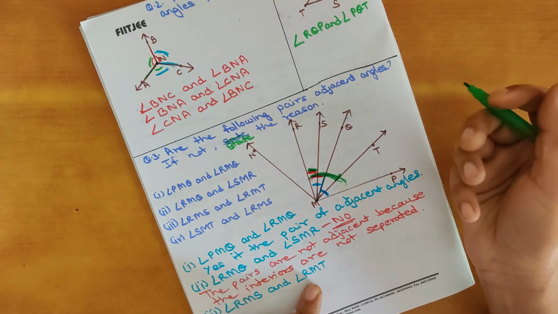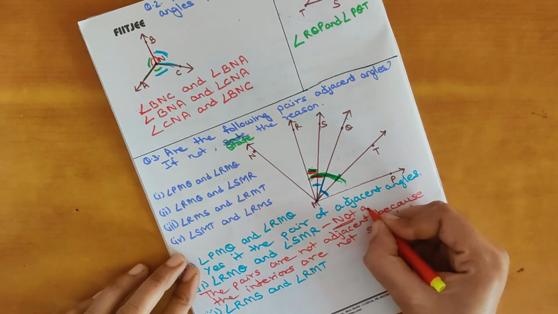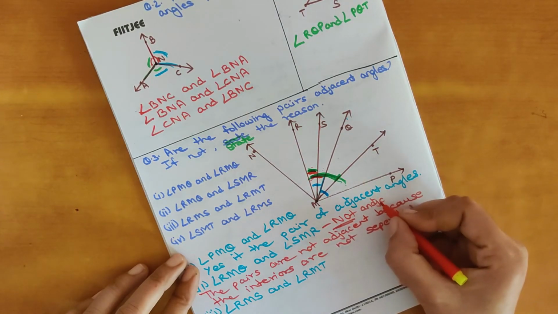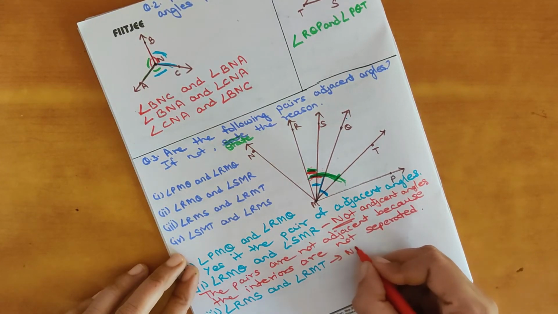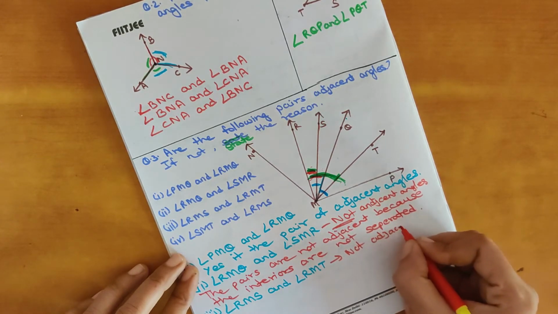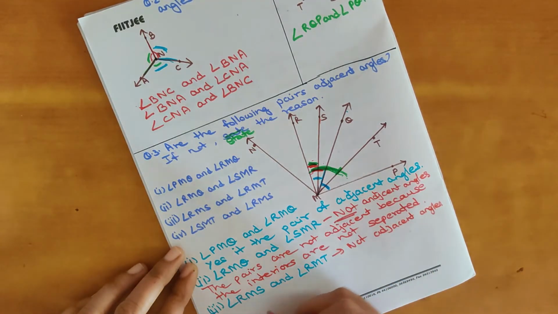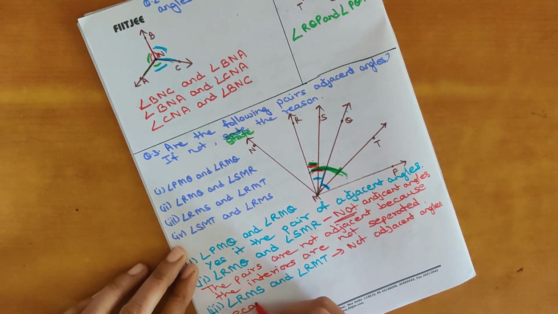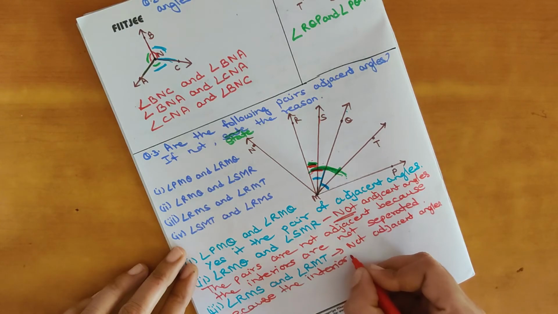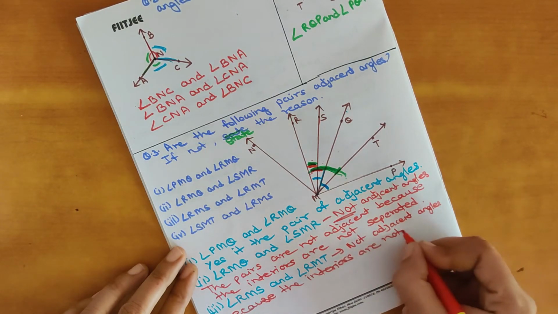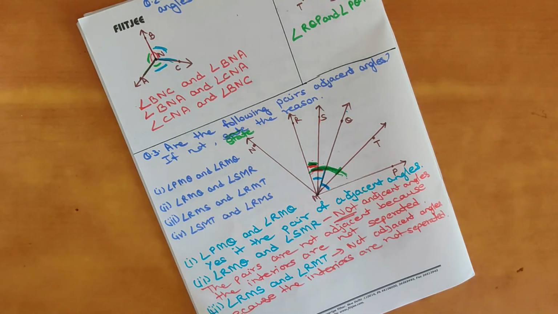So their interiors are not separated here also. So this is not an adjacent pair. You can write: not adjacent angles, because the interiors are not separated.